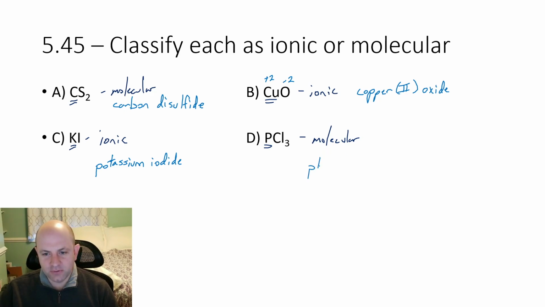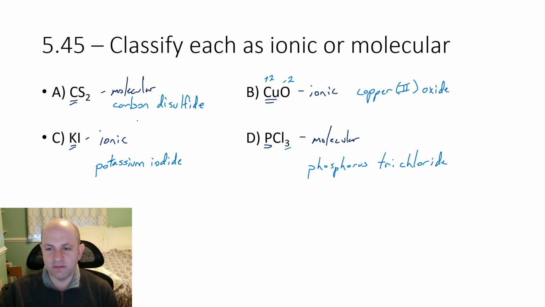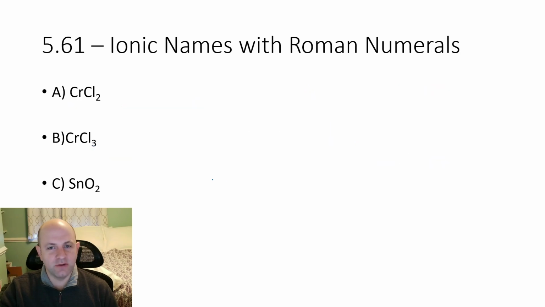P is phosphorus, so we'll write that as is. And then Cl is chlorine, becomes chloride. There's three of them, so phosphorus trichloride. Okay, so the dark blue is what we're actually asked, but a little extra naming practice never hurt anyone. All right, so speaking of that, let's go ahead and do some more naming practice.